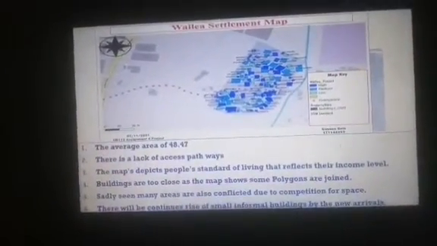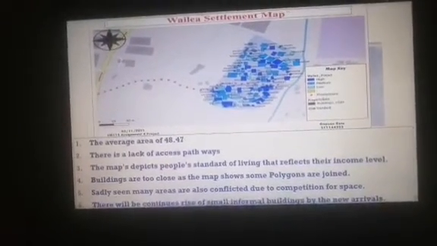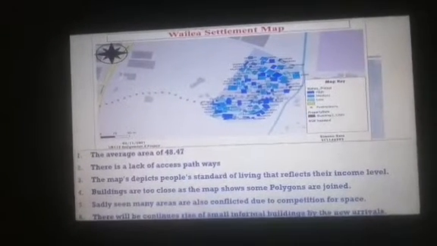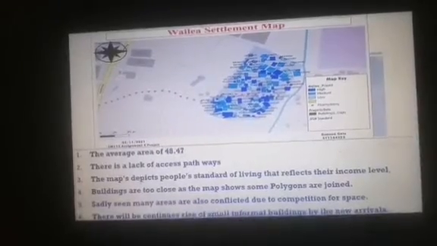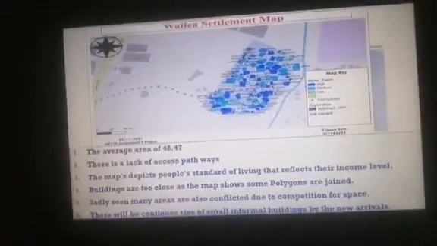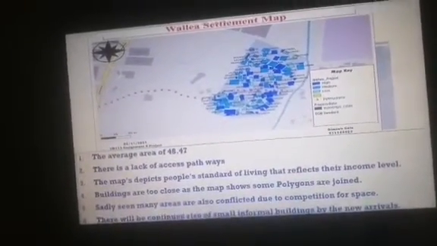As seen, the Wailea settlement is informal, and some individual areas are overtaking the others. Therefore, it is good if the planning schemes make it obtainable for each individual to obtain 48.47 for each area.